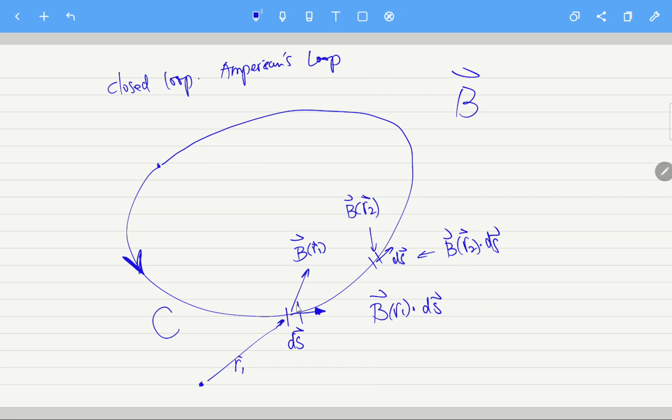So we can calculate many B dot ds for the whole loop, and then we add all of them together. We sum all of the B of ri dot ds of r. Actually, this is also related to the r, because all of the ds are different.